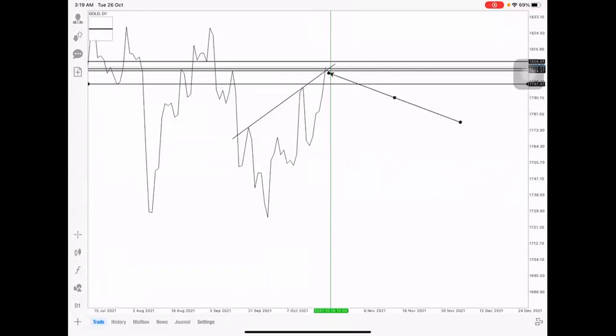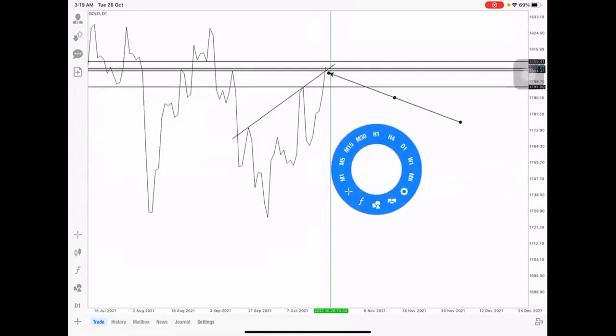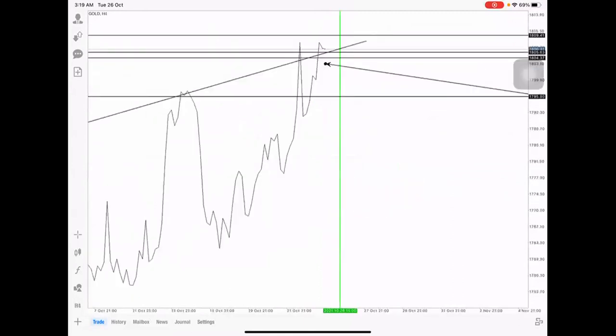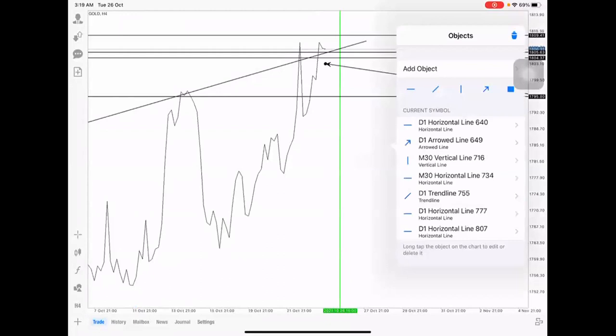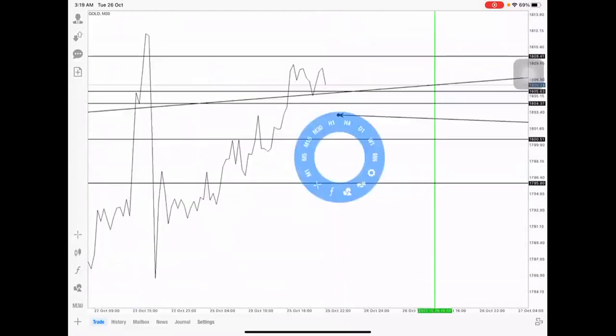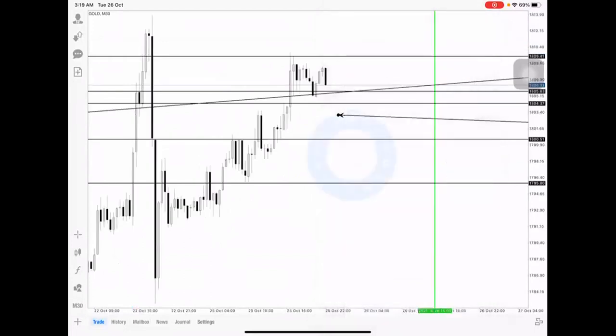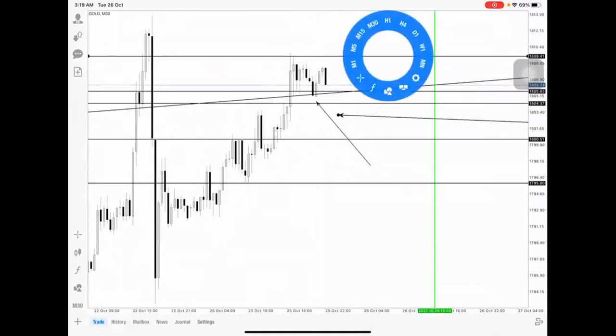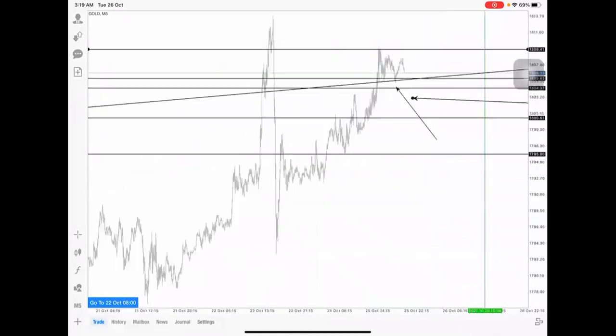This one for TP, and H4 also. This one I think M5, so we go M5.